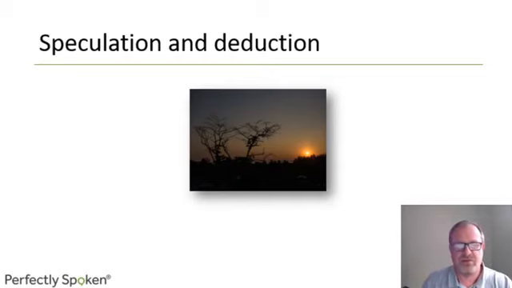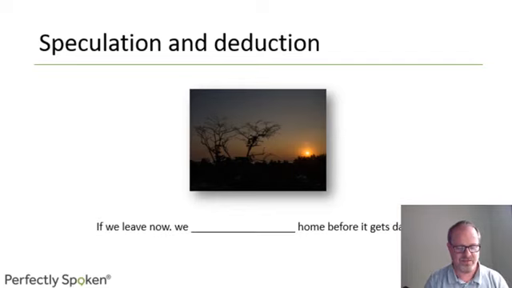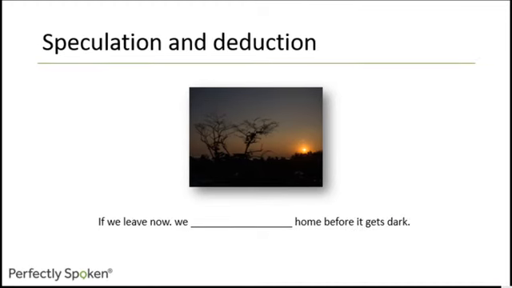This is what we call in English dusk or twilight, just before the sun goes down. Okay, and the situation is, if we leave now, we something home before it gets dark. So obviously we're talking about present future, well, future in this case.